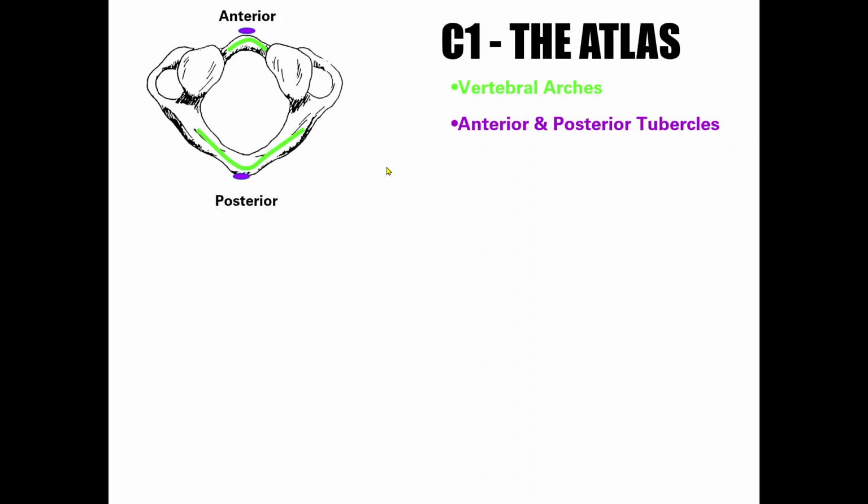We have anterior and posterior tubercles, so there'll be little bits of bone jutting out anteriorly and posteriorly on this cervical, the C1. And we have articular facets. The articular facets articulate with the base of the skull.